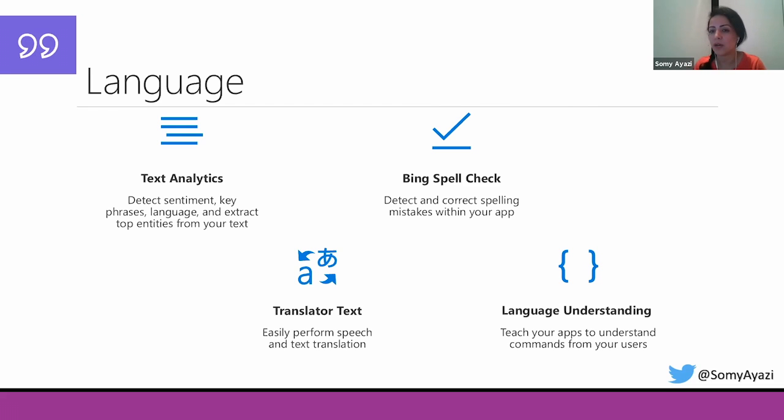Using the language API, you have the option to translate. I know AI Builder is improving that side of the feature. At the moment, it's only picking up English, but they are working to be able to translate. If you upload something in English, it has the option to translate to different languages.